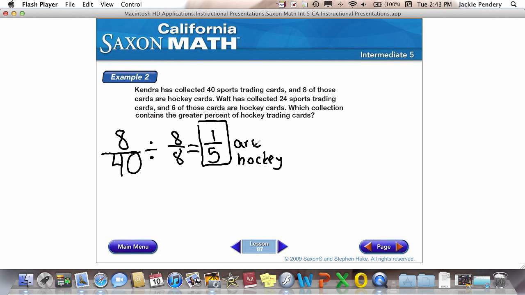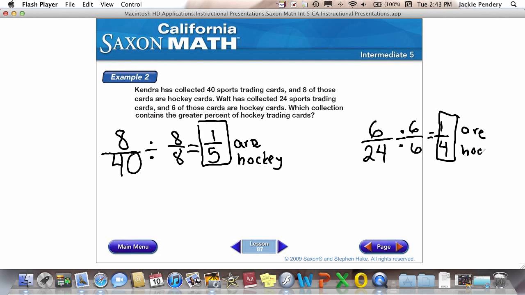One-fifth are hockey. Okay, now we look at Walt. Walt has 6 hockey cards out of a total of 24 cards. Okay, I'm going to reduce this. I know 6 is a common factor of 6 and 24. 6 divided by 6 is 1. So 1/4 of Walt's cards are hockey.